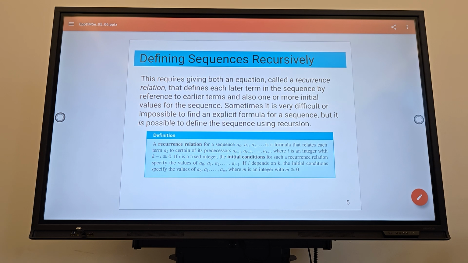If i is a fixed integer, the initial conditions for such a recurrence relation specify the values of the terms. If i depends on k, the initial conditions specify the values for m terms, where m is an integer greater than or equal to 0.